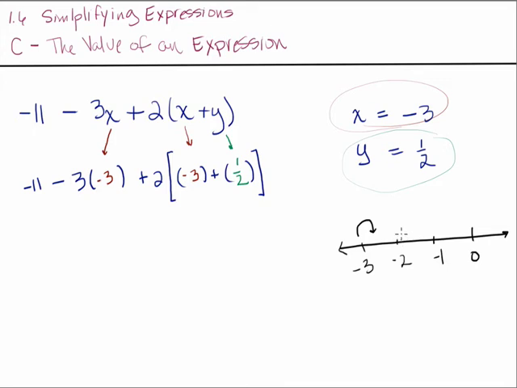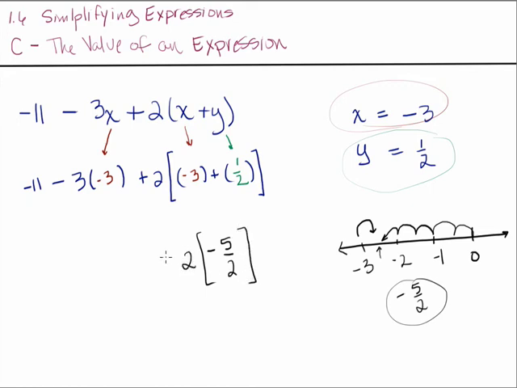But if I want to write this as a top-heavy fraction, then I need to think about how many halves I have when I get to this place. Here's negative 1/2, negative 2 halves, negative 3 halves, negative 4 halves. This is negative 5 halves. So I can replace negative 3 plus 1/2 with negative 5 halves.